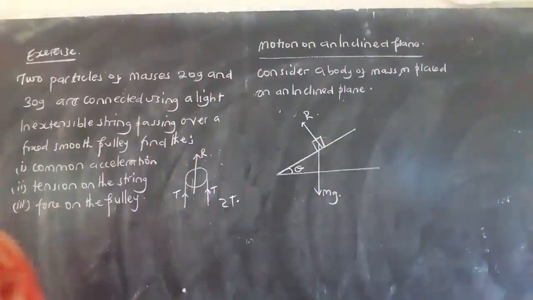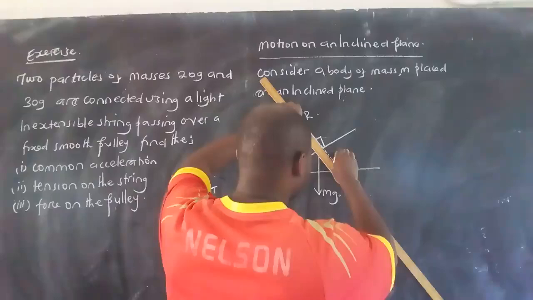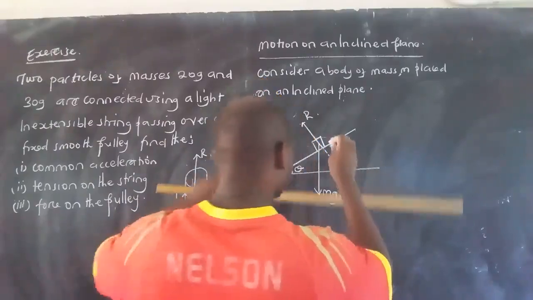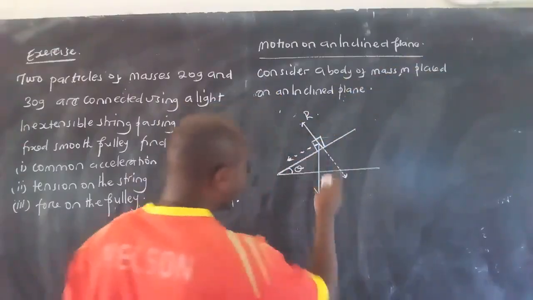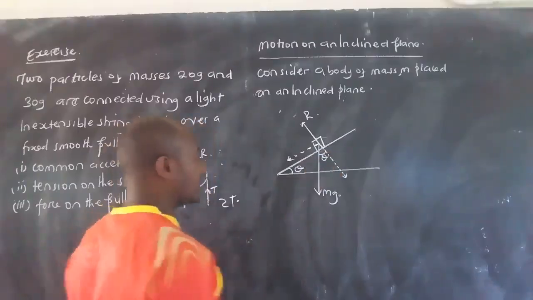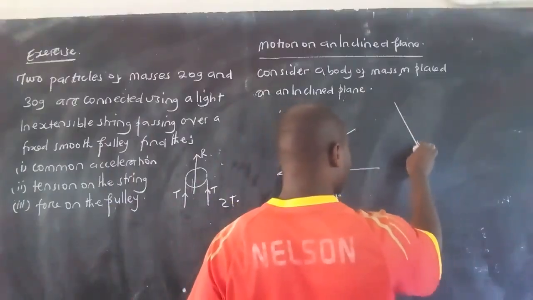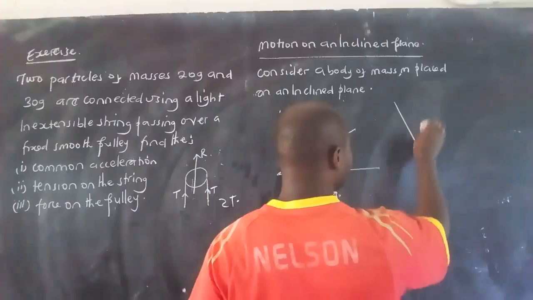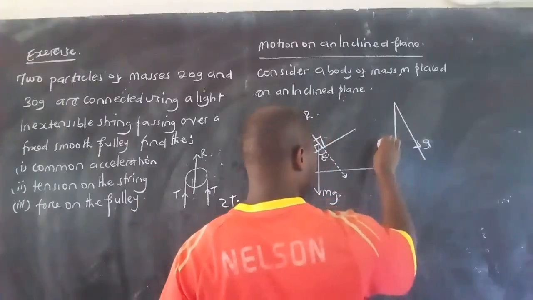Now, when we are going to resolve, we are going to get the components of the weight. So we have the normal reaction, then we resolve the components of weight. Looking at this angle here, and the horizontal component, the angle is also theta. Let us check. Let me say I have this, then this is weight mg.